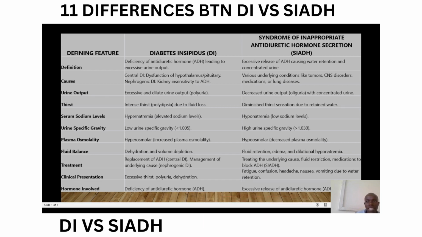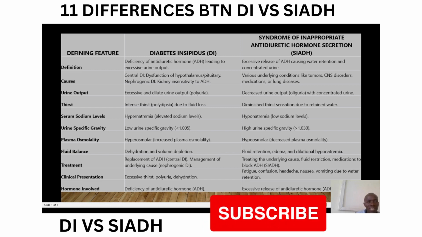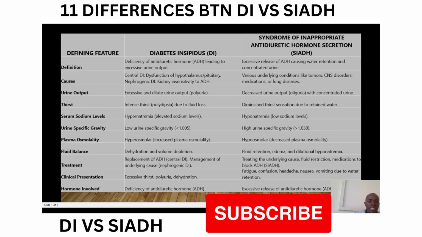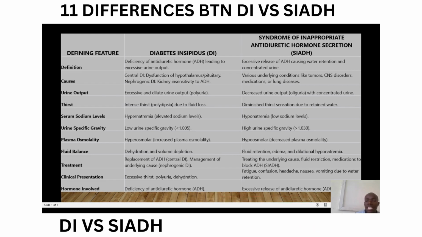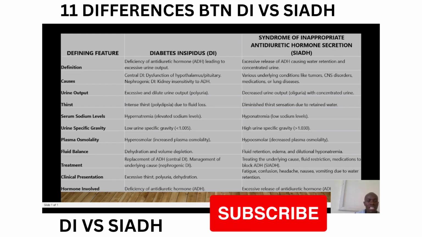But if it is nephrogenic, where the kidney is not responding to the ADH, you will need to treat the underlying cause. What about SIADH? We treat the cause, we restrict the fluid, and we possibly administer medication to inhibit ADH release.